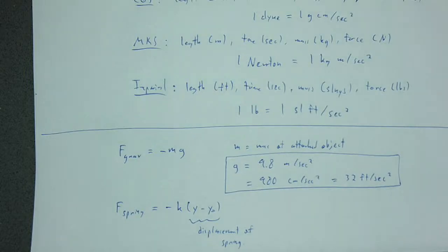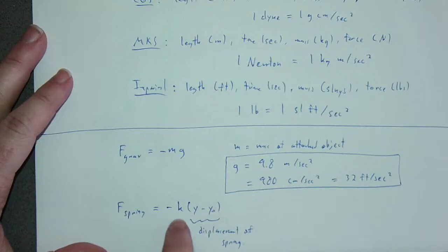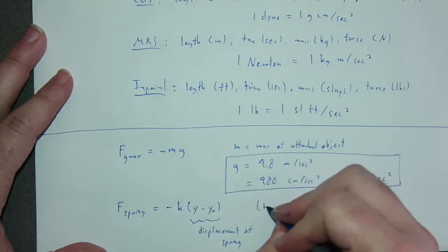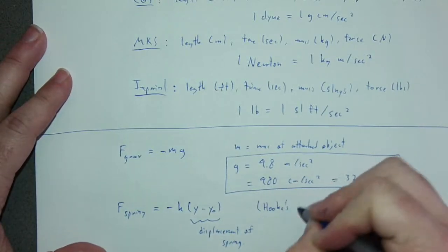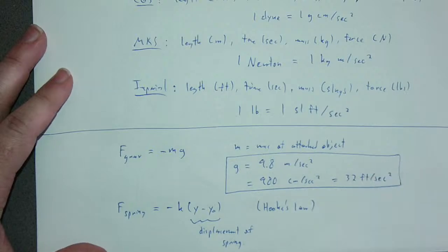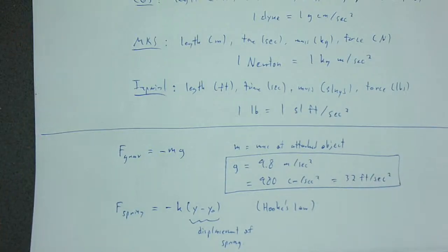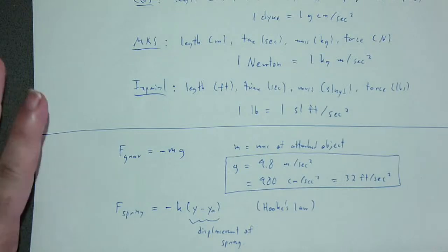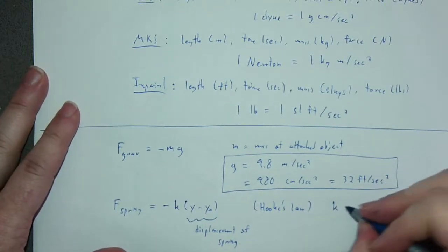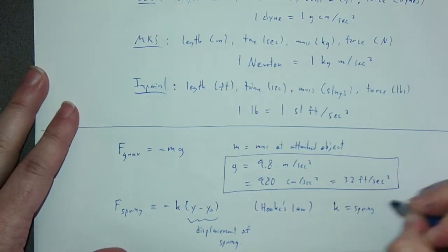Where have you seen something like this? K times displacement. This is Hooke's law, just rewritten in terms of our problem, where k is the spring constant for the spring in question.